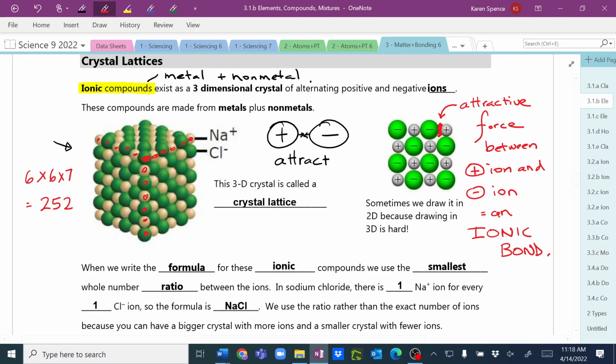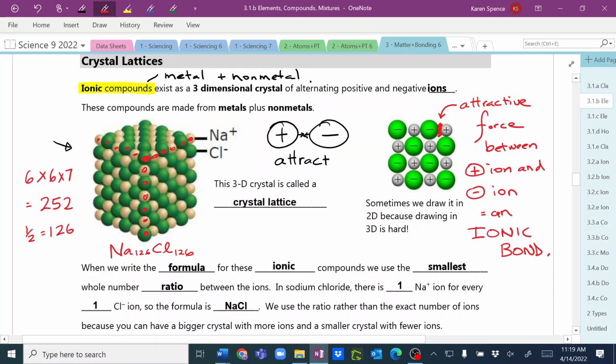So you would have 252, and half of that is 126 sodiums and 126 chlorides. So can you imagine if we had to write the formula like this? Na 126, Cl 126.